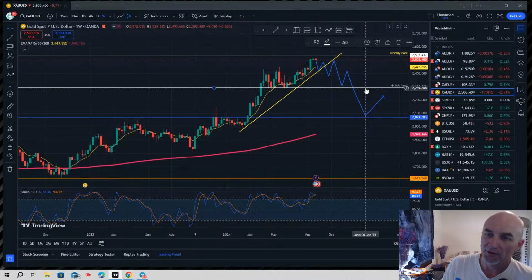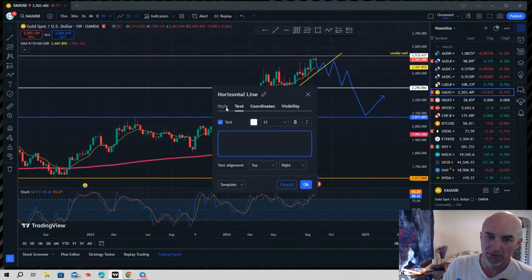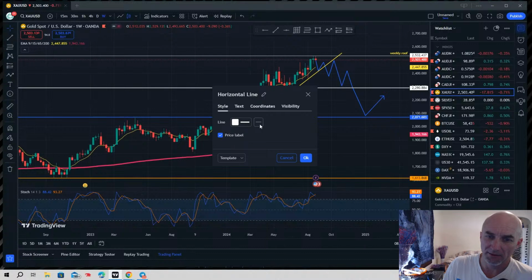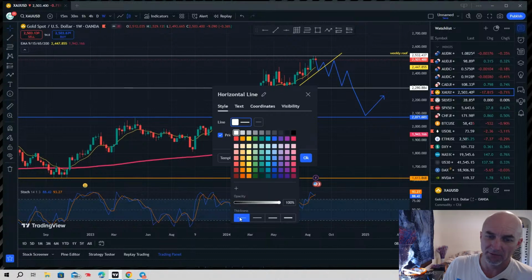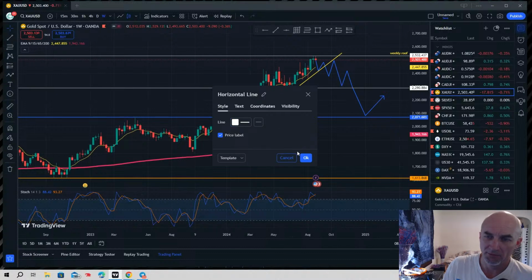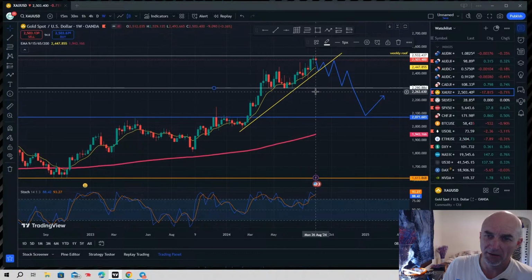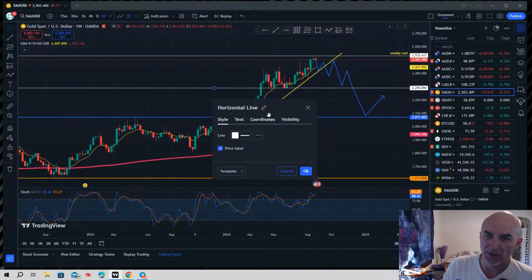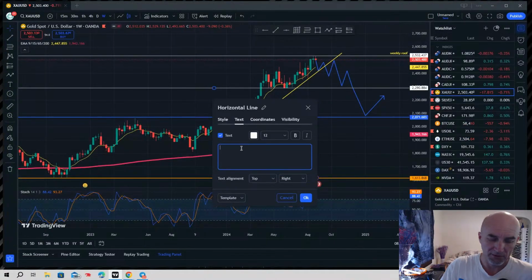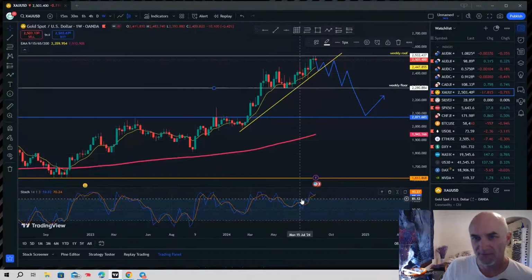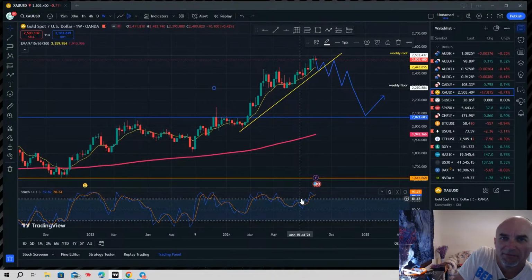So this one down here, I want to label it, to style it. I want to make it skinny. Okay, and I want to say it's weekly floor. You know, the support.